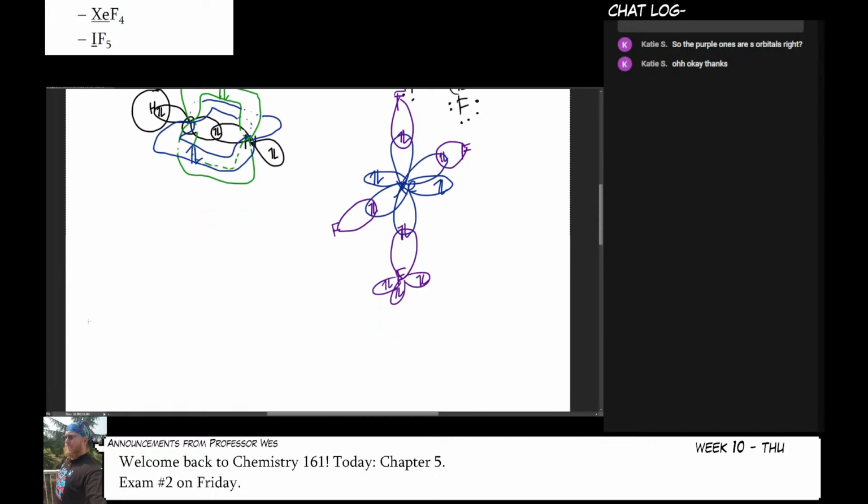For IF5, let's draw the Lewis structure. So this would be 7 times 6 is 42 electrons. So there's 8.